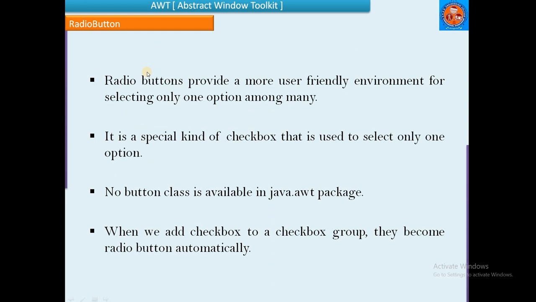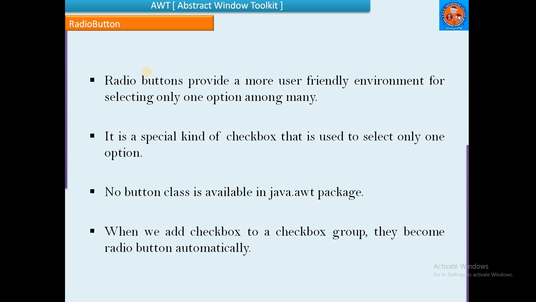Another is the radio button. Radio button provides a more user-friendly environment for selecting only one option among many. Suppose we have multiple options, and from those options we need to select only one option. In that case, we go for radio button. But in AWT, there is no direct class.